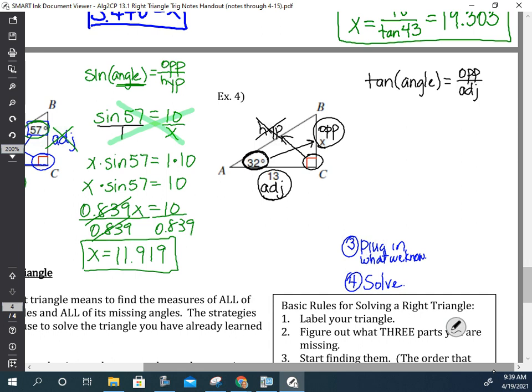So again, if you're still stuck on why we don't use hypotenuse, think of it this way. What side had the variable on it? The opposite. What side has a number on it already? That's the adjacent. So hypotenuse doesn't contribute anything to you solving the problem. So why use it?